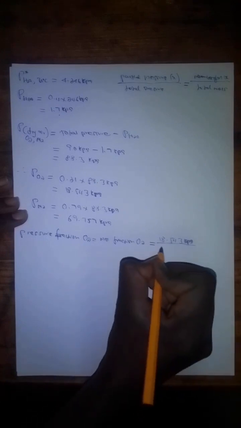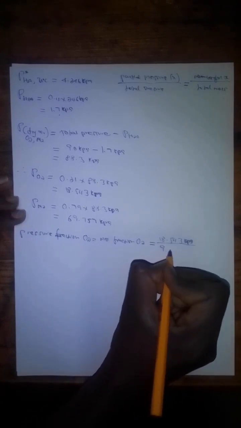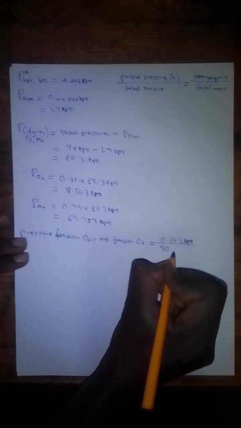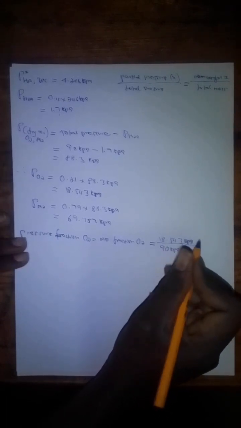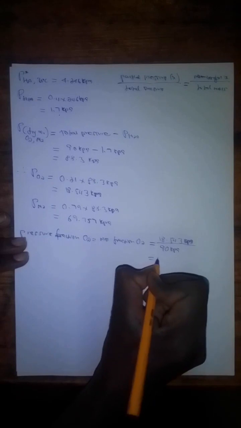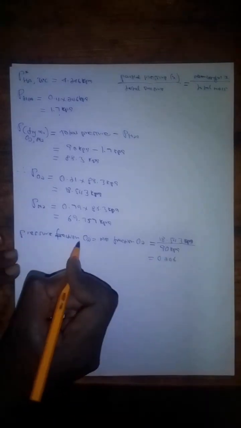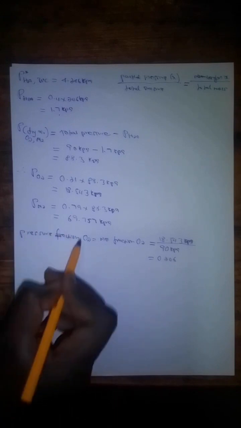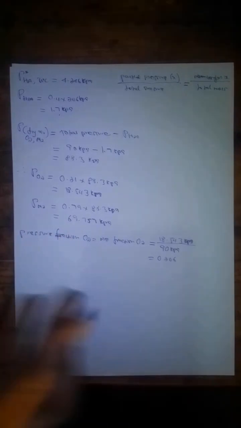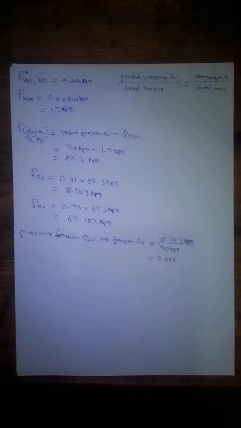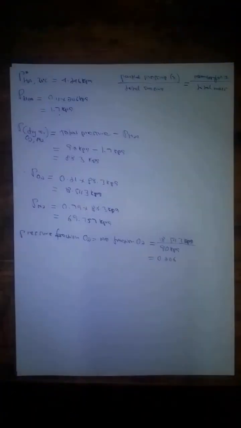We know the total pressure of the wet air, which is the air including the water vapor, is 90 kilopascals, right? And if you use your calculator, it gives you 0.206. This is actually the pressure fraction, but we're going to take this and use it as a mole fraction because we know that they are the same. And this is going to help us calculate the total amount of wet air, right?